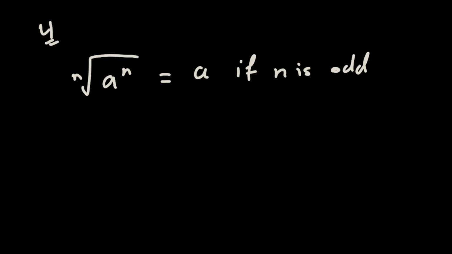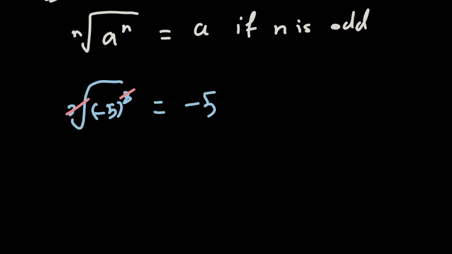If we have the third root of minus 5 all to the power 3, that would equal minus 5. Why minus 5? Because we can cancel the root with the power. So this is the fourth property. Let's see the next one.